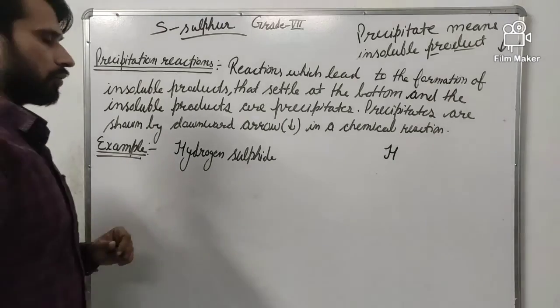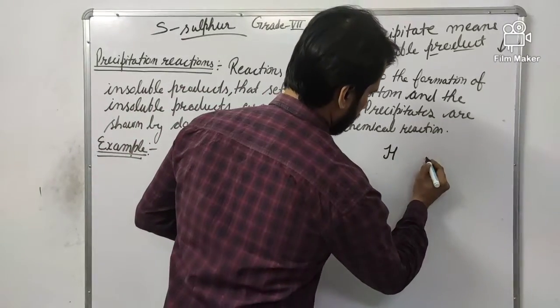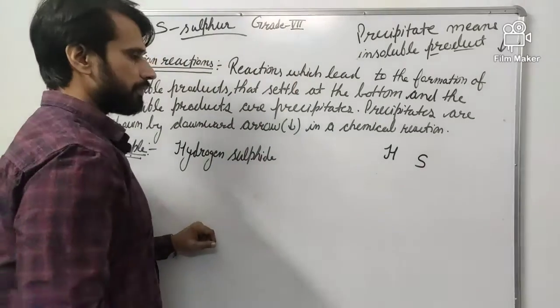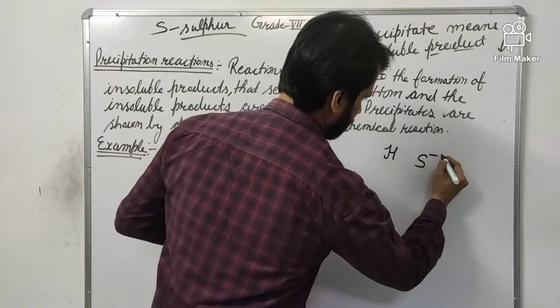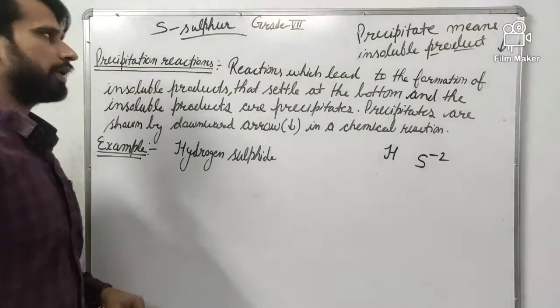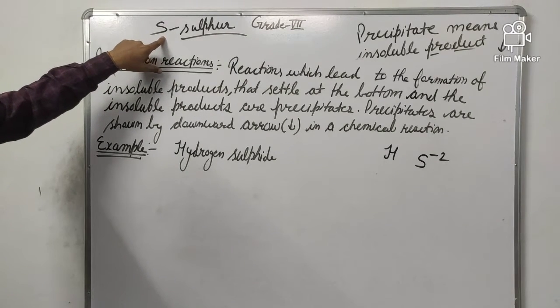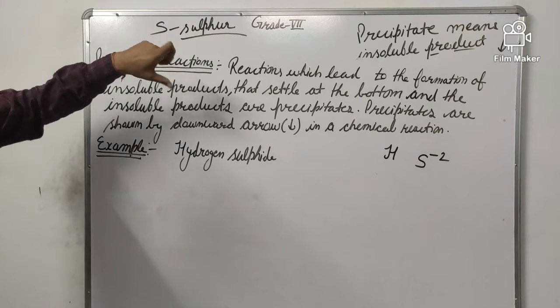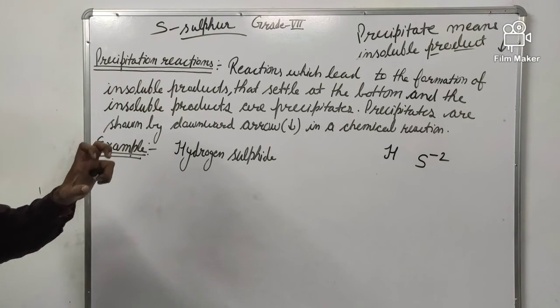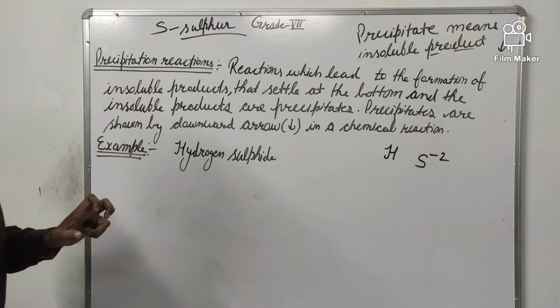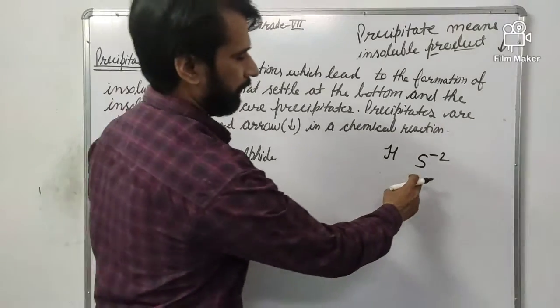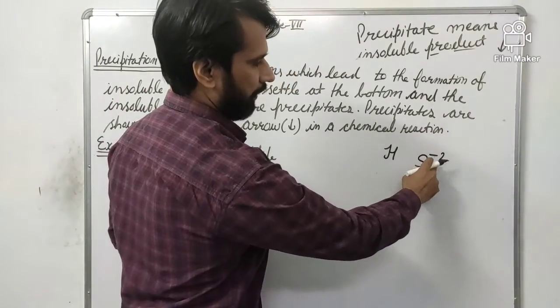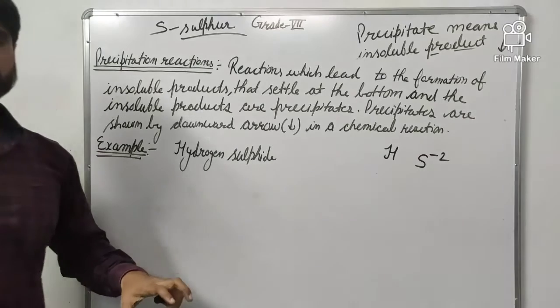So sulfide is written like this, S with -2. Whenever you write sulfur in its ionic form, with charge, it is written like this. Sulfur has a -2 charge. You have to remember this.